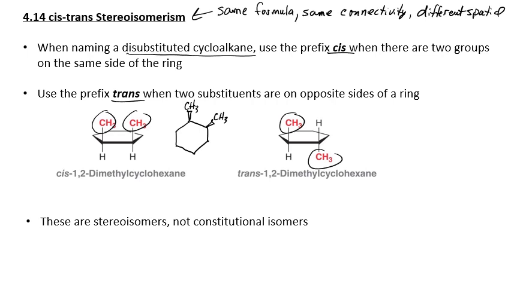Cis means they're on the same face, so they should both be a wedge or both be a dash. You could also have drawn it like this. Both cis, both the same molecule. And for the trans, if we wanted to draw a Lewis structure, we'd have to have our substituents on opposite faces of the ring, one being a wedge and one being a dash.